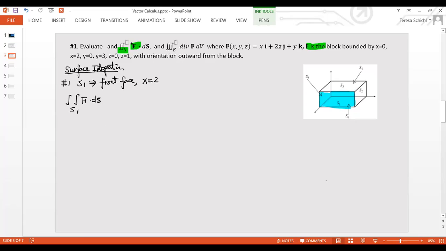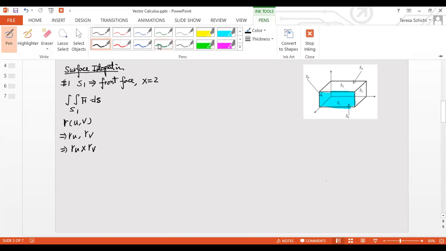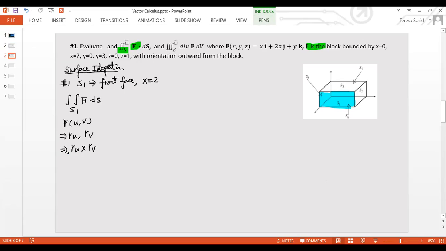We need to do the parameterization, R(u, v), then compute R_u and R_v, and then R_u cross R_v. This R_u cross R_v is the normal vector to the surface here.